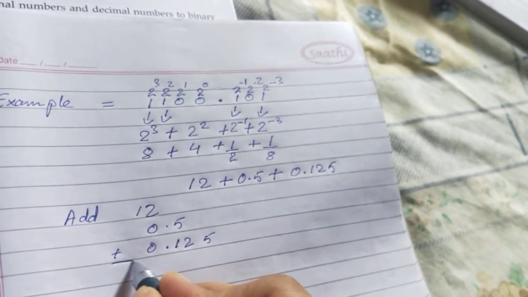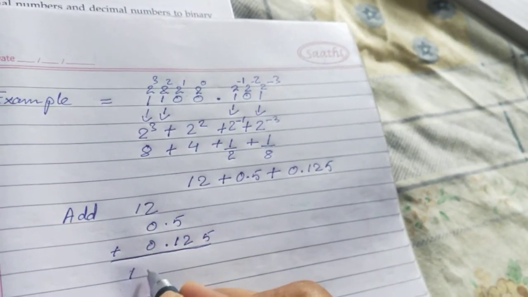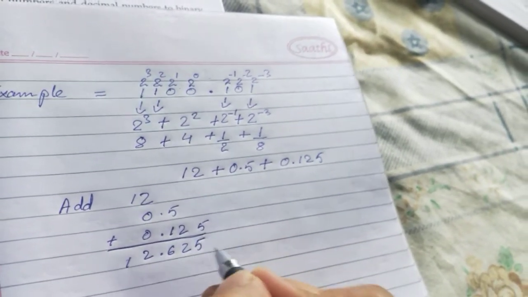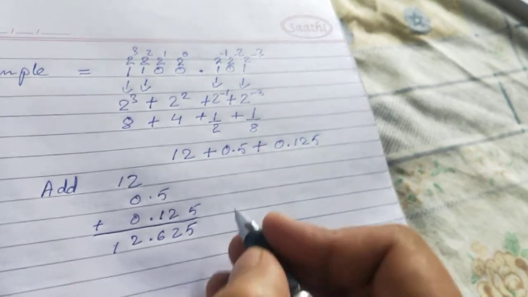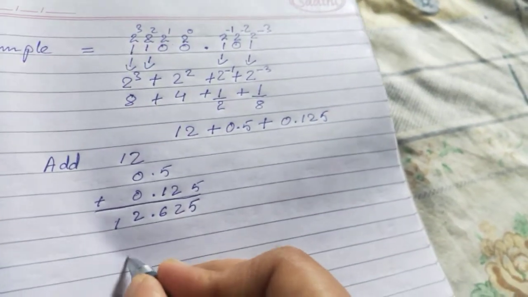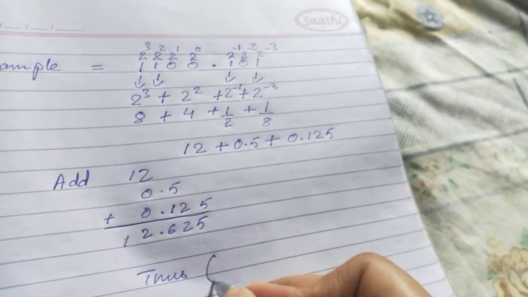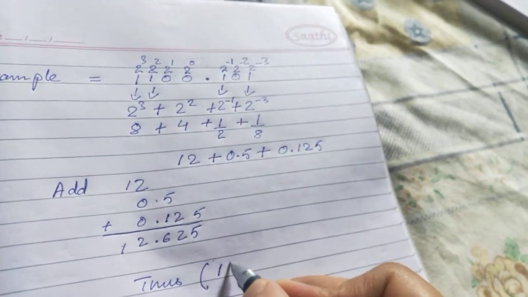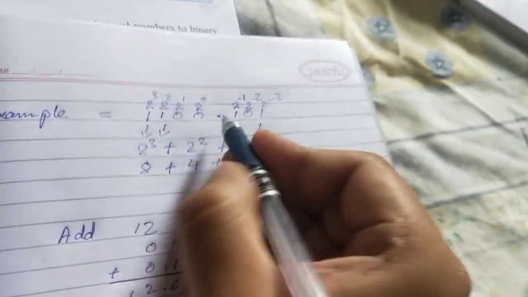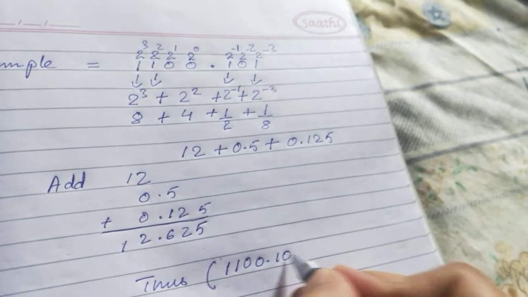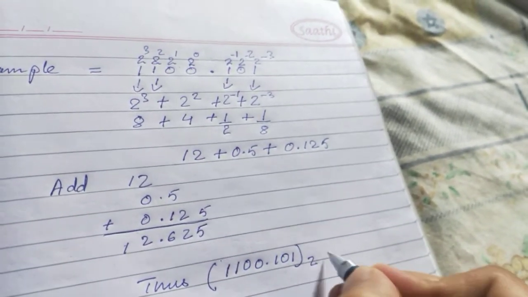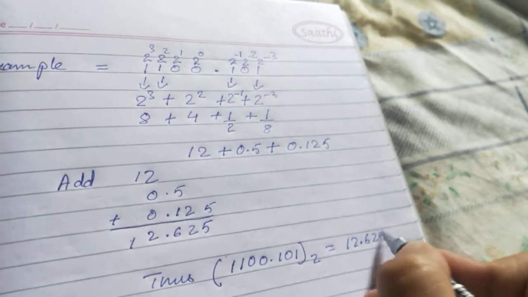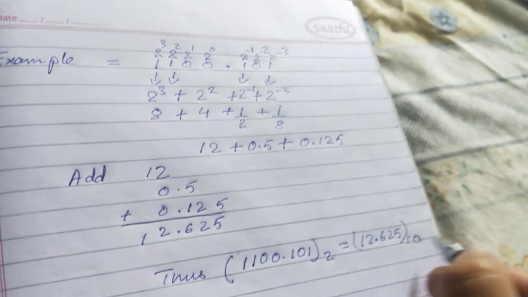Now when you add these numbers, you will get 12.625. Thus the binary number that we had converted, 1100.101 with the base 2, is equal to 12.625 with the base 10.